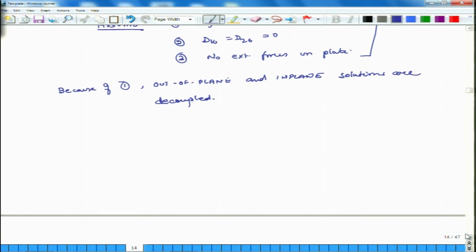So, all we have to worry about is the third equation: del 2 Mx over del x square plus 2 del 2 Mxy over del x del y plus del 2 My over del y square is equal to rho del 2 w naught over del t square.